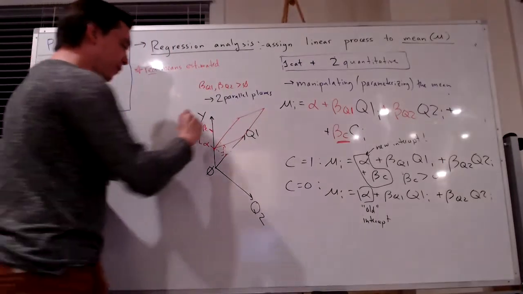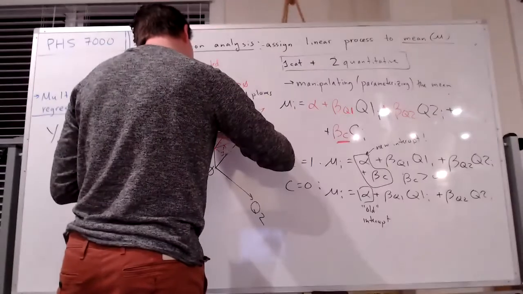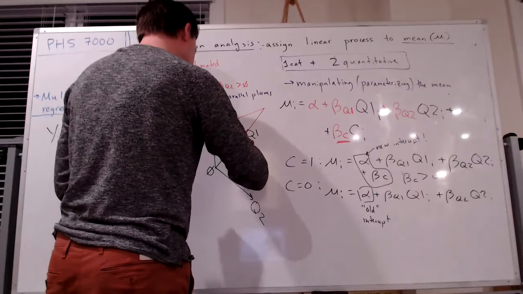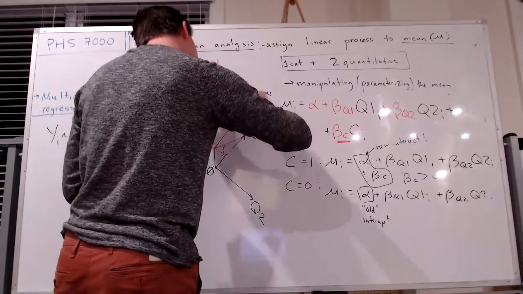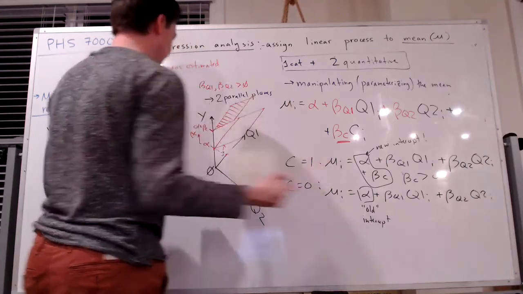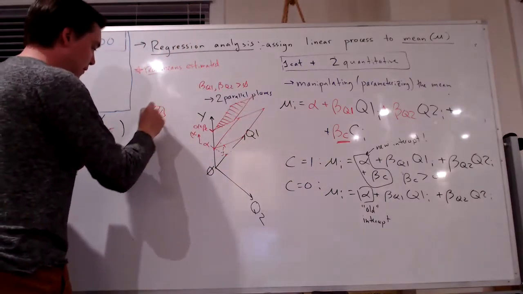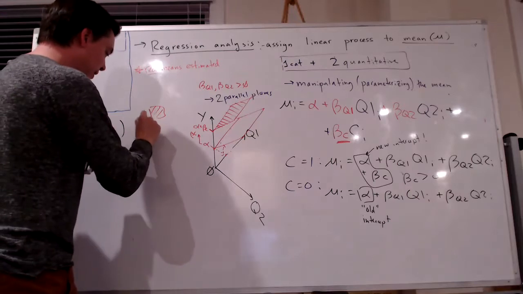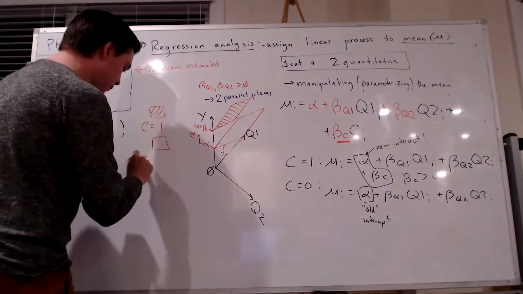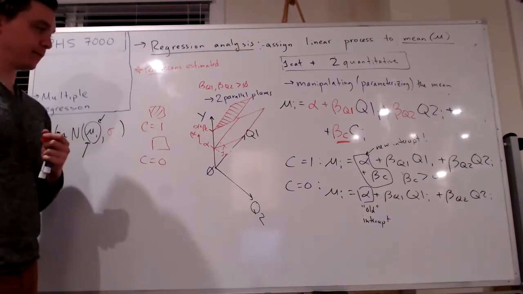And right there, I will have a perfectly parallel plane, such that this is the plane where C equals 1, and this is the plane where C equals 0.